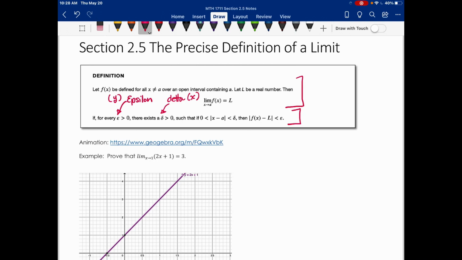And that is true if you have this limit.